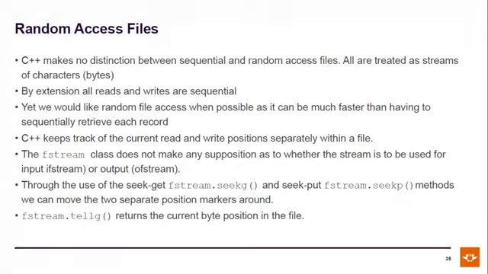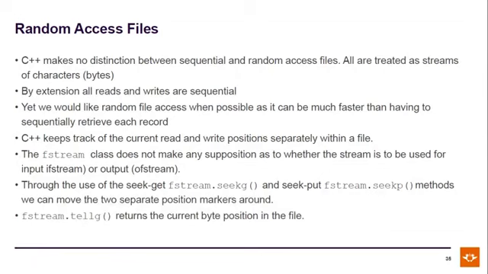But C++ makes no distinction between sequential, which is what we have been doing so far, and random access files. All files are treated as streams of characters, so C++ doesn't differentiate between sequential access and random access.